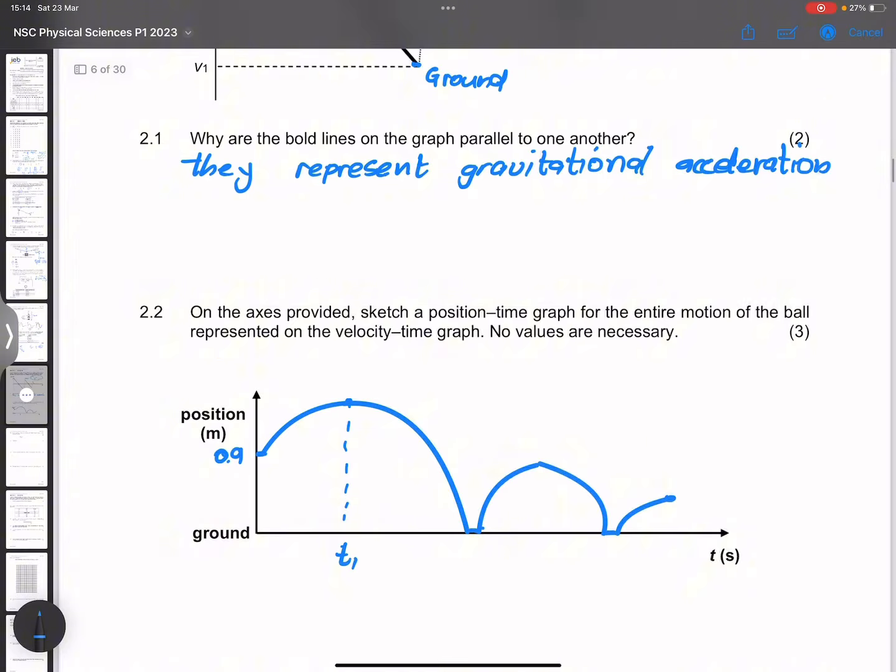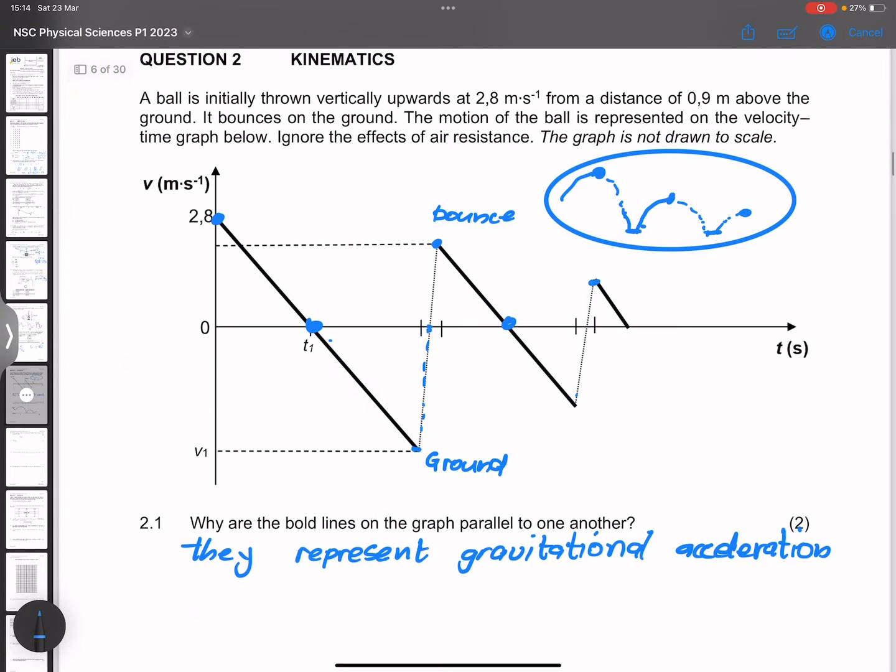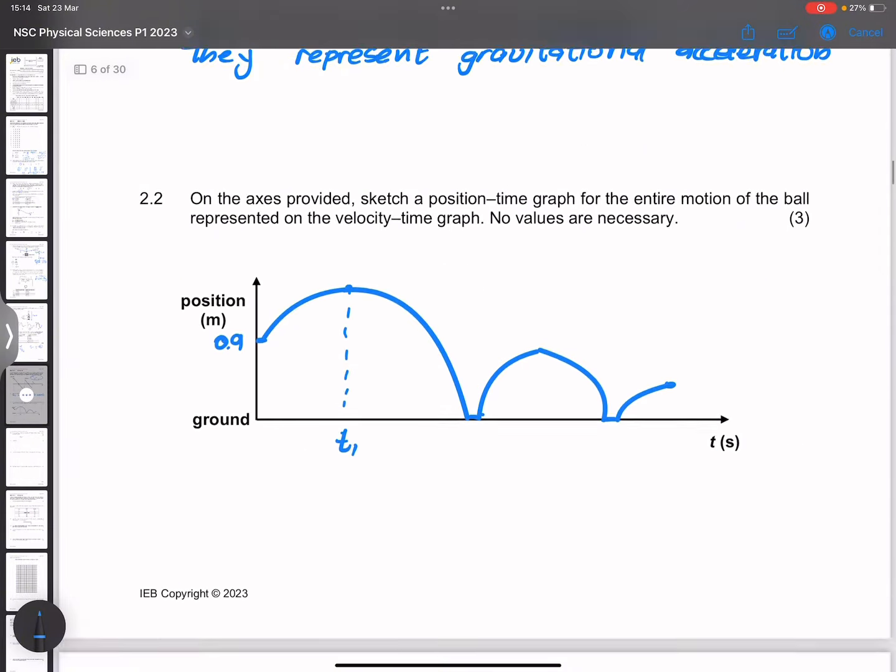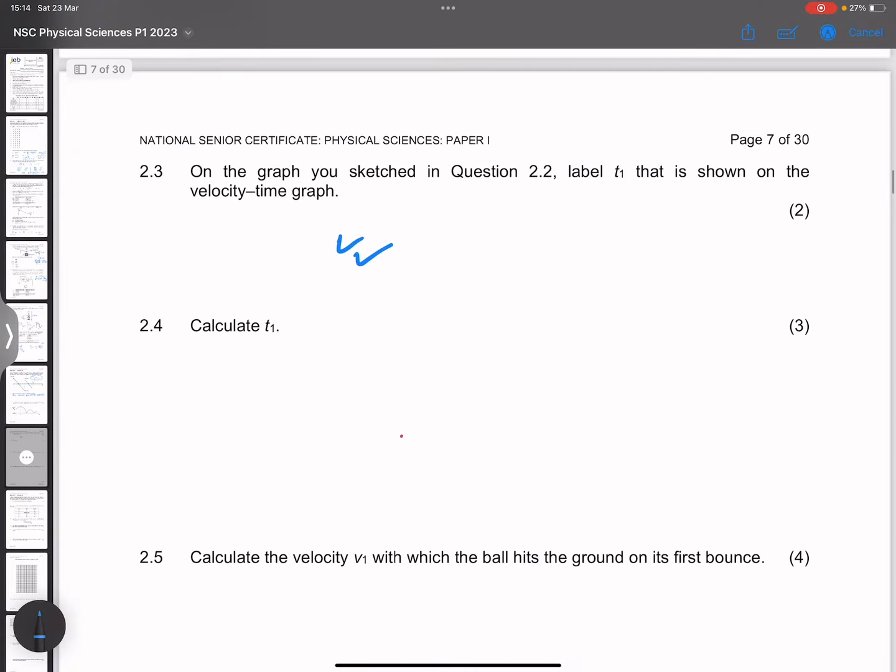So remember, what do we know? We know that our initial velocity was 2.8. We know that it gets to a velocity of 0 at T1, right? So let's take equations of motion and say, well, we know Vf is equal to Vi plus a delta t. Now I'm going to assume upwards motion is positive, right?